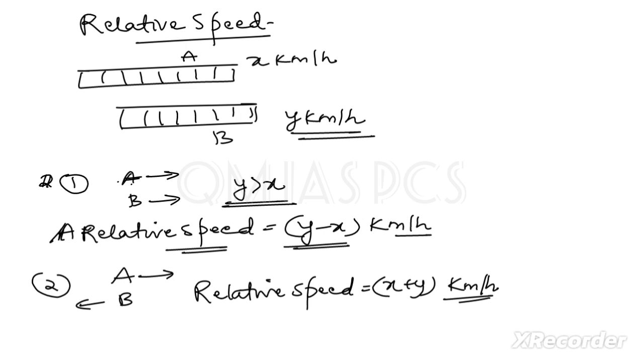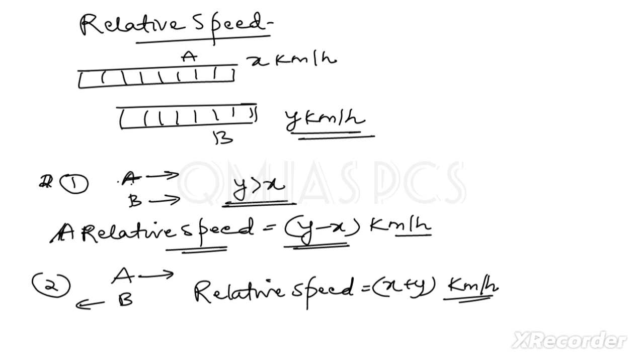In that case you will feel that the faster train is traveling a little bit faster, and slowly it is overtaking your train. But in actual form, both trains are traveling with some speed.